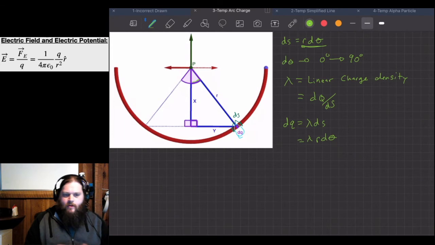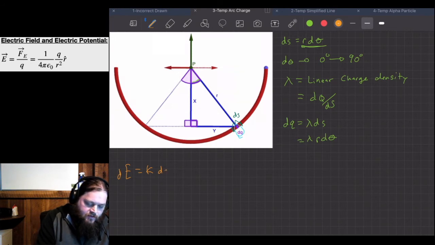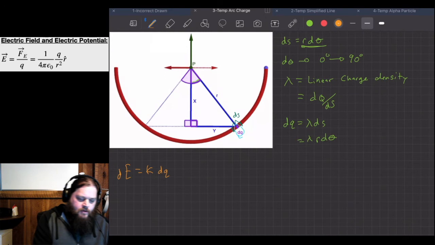Now, if we remember, our electric field from one point is equal to k dq over r squared. In this case, I'll say dE, the change in electric field, is equal to k dq divided by r squared.